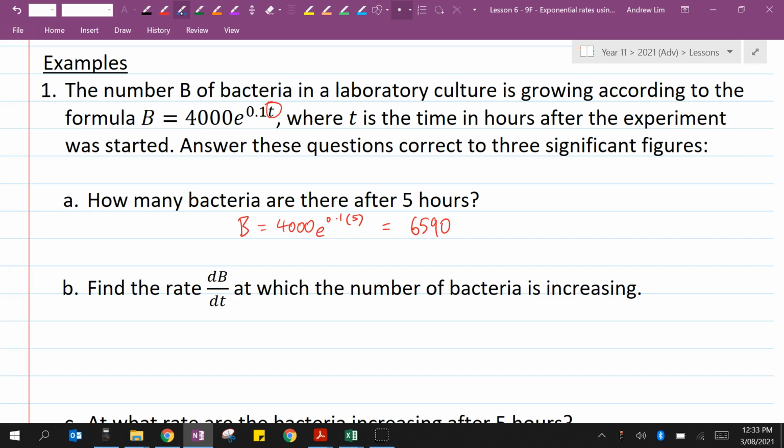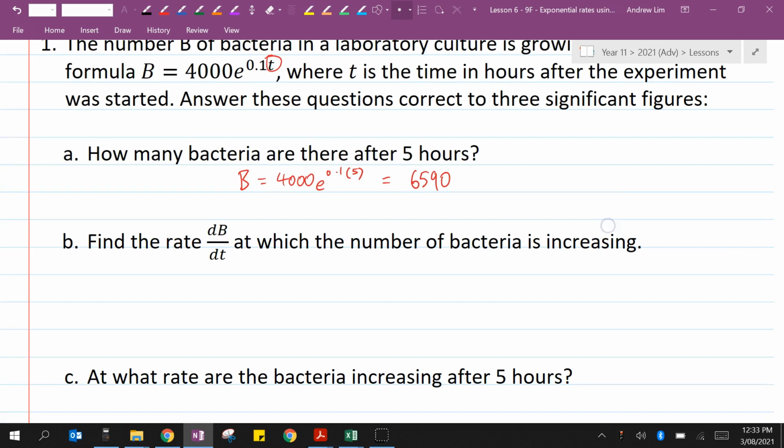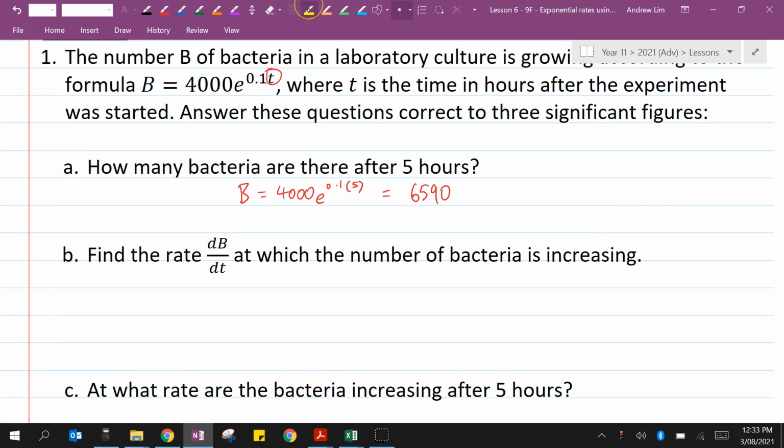Find the rate dB dt at which the number of bacteria is increasing. So what we need to do here is differentiate this. So if we have b is equal to 4000 e to the 0.1 t, then dB dt, well, what do we get when we differentiate an exponential?